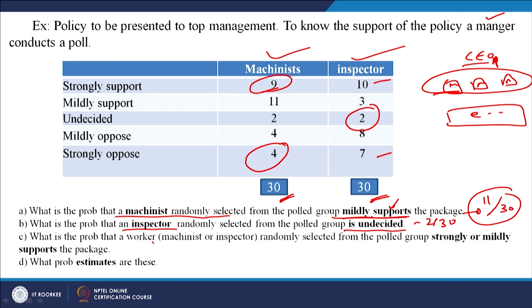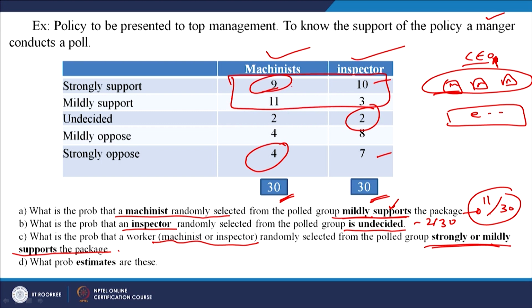What is the probability that a worker, either machinist or inspector, randomly selected from the polled group strongly or mildly supports the package or the policy? Strongly or mildly, and all the workers.